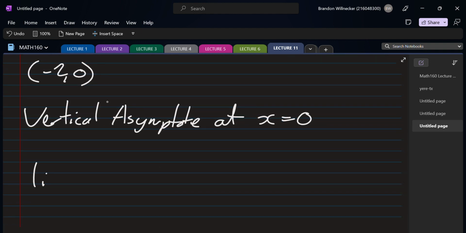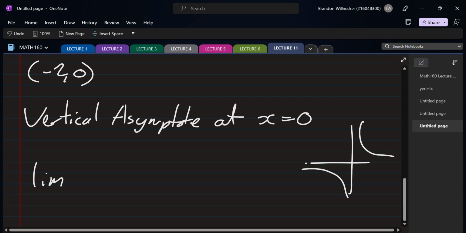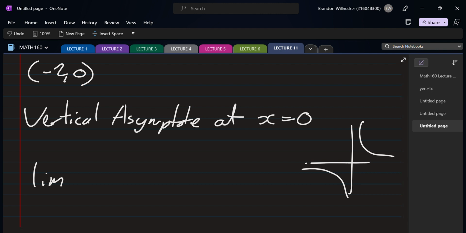Remember with the horizontal asymptote, that's going to be a horizontal line that the function approaches at infinity and at minus infinity, right? Like with that hyperbola. So if we have a look at that, there and there, we see that the function approaches 0 going to x is equal to infinity and minus infinity. So to find those asymptotes, we can then take the limit and see what we get.